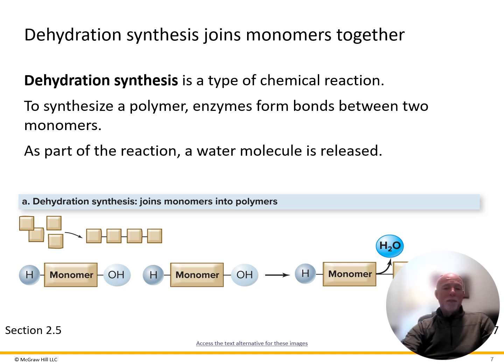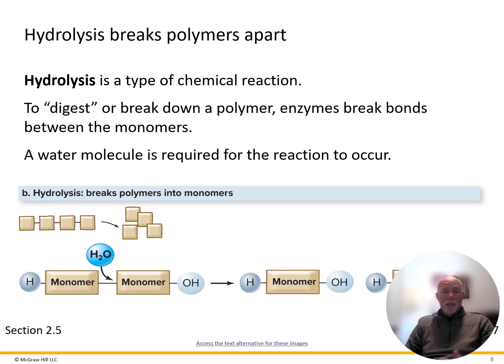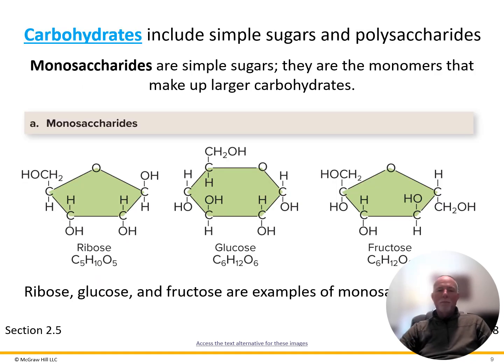Just the opposite is true as well. If we want to digest these big polymers and break them down, we simply add water, what we call hydrolysis, and that tends to separate the monomers into their individual units. Our bodies, and all organisms, are constantly building these molecules and tearing them down at different times and in different parts of our body. So monomers are used to build polymers.